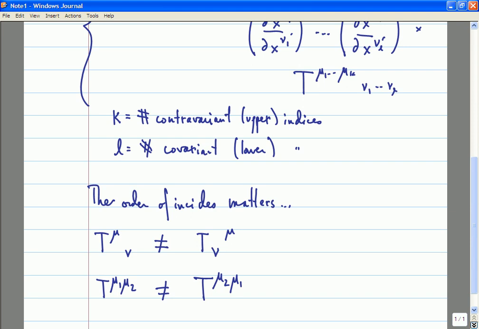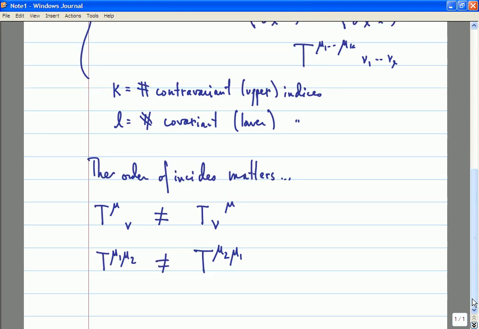Now, when we discussed vectors and one-forms, we mentioned that it would sometimes be useful to use an index-free notation.